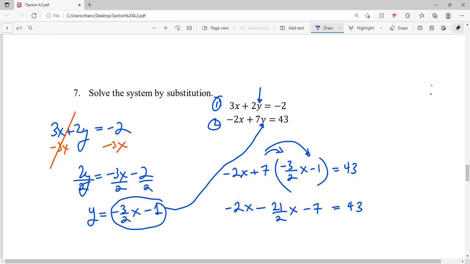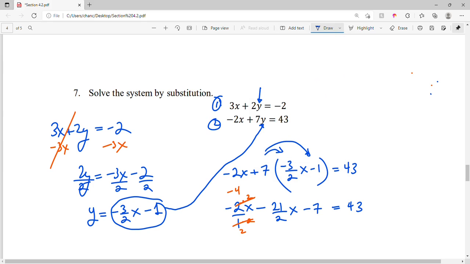To add negative 2x and negative 21 over 2 x together, I need a common denominator. Let's multiply the top and bottom here by 2. So the numerator becomes a negative 4, and the denominator is just a 2. So now we can add this fraction together.